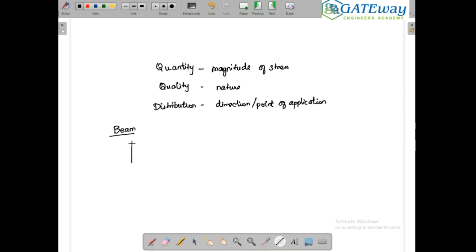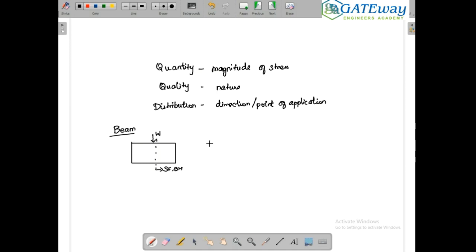Take a simply supported beam, and it is loaded with W. There will be a shear force and bending moment.